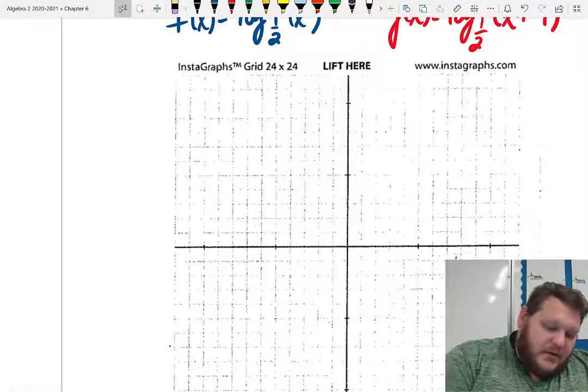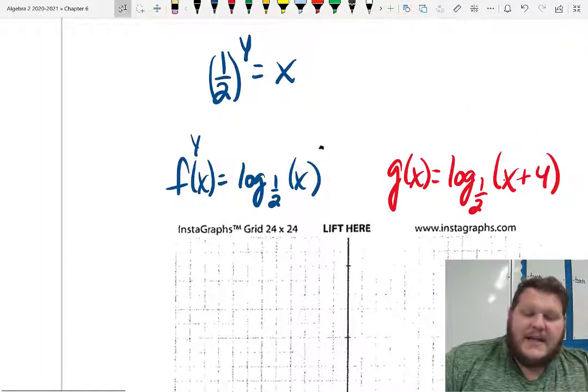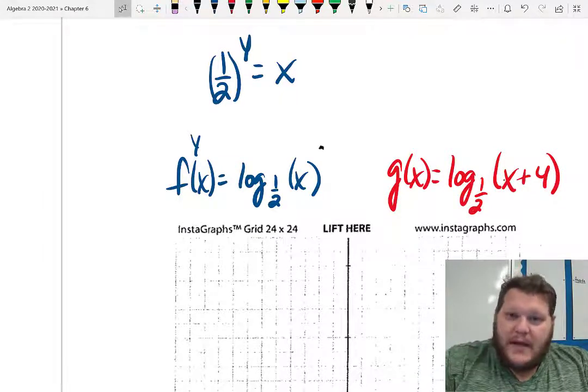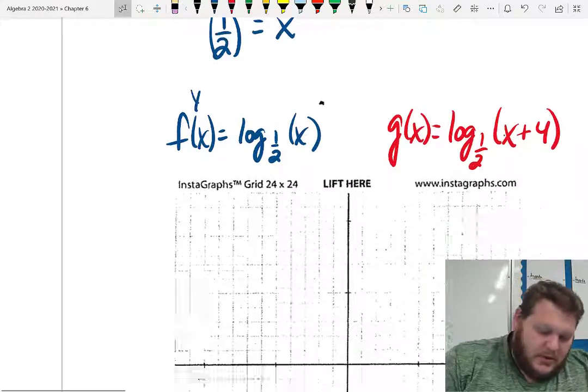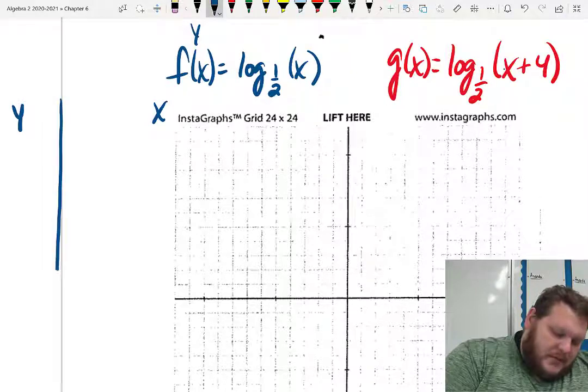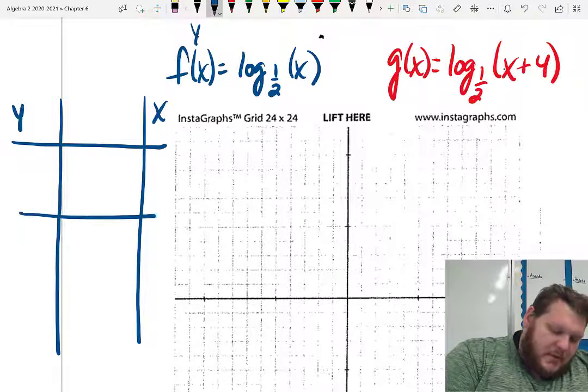So if I go here to my table, be careful, because now the exponent that I'm choosing is my y value, and the x value that I'm getting back out is my output. So I'm choosing y values and getting x values. That's a little bit of a change of pace, but we're still doing the same thing.